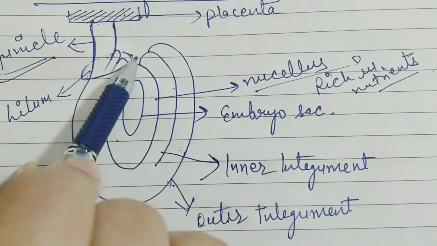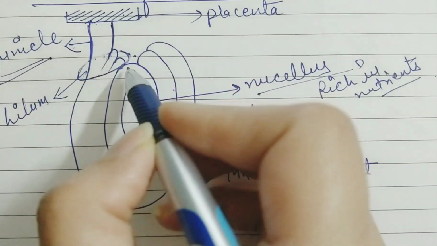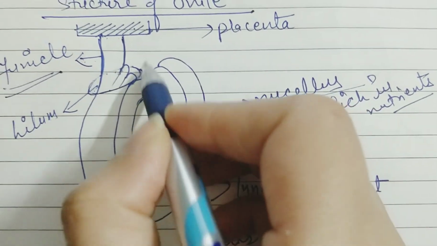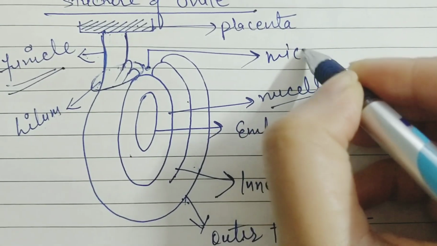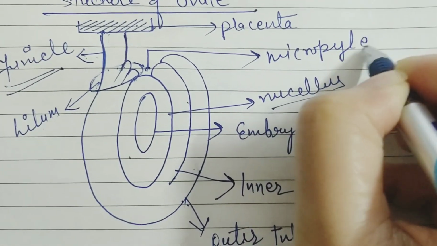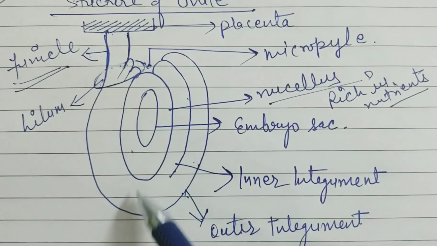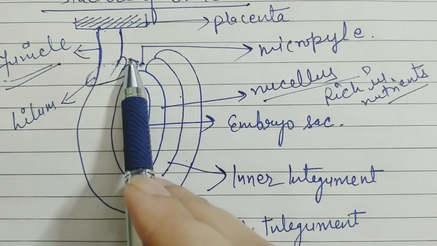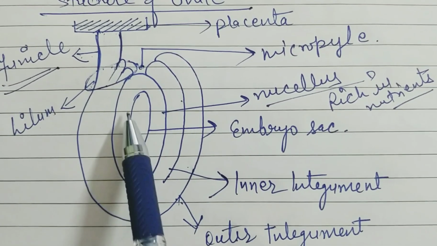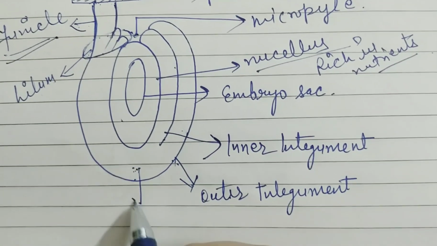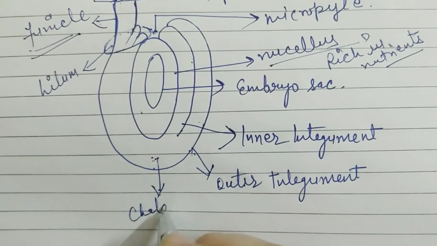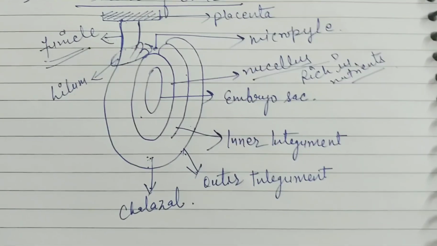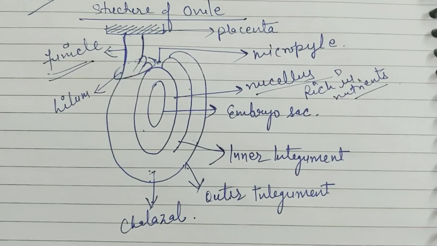There is an absence of integument in this area, so this region is called the micropyle. Opposite to the micropyle, at the base of the ovule, is the basal part which is called the chalaza. So these are the proper structures of the ovule.